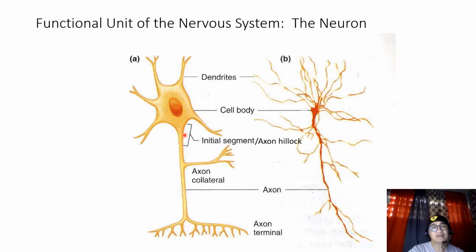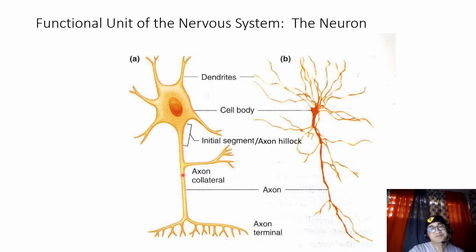There is a high abundance of chemically gated and voltage gated sodium ion channels and potassium ion channels that are concentrated in this initial segment. Hence, it is able to generate action potentials or signals in this segment of the neuron.